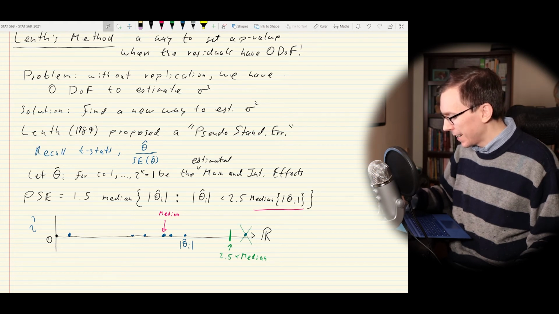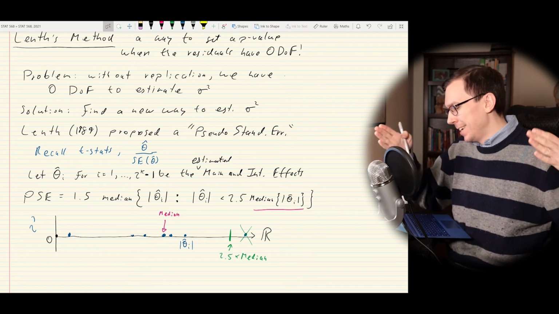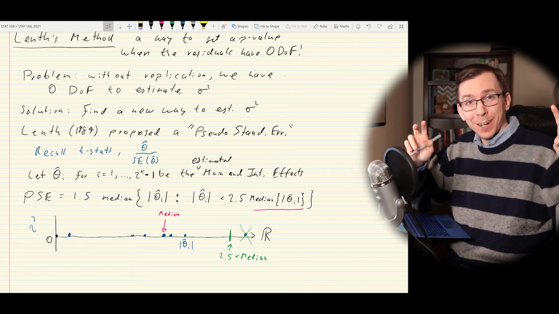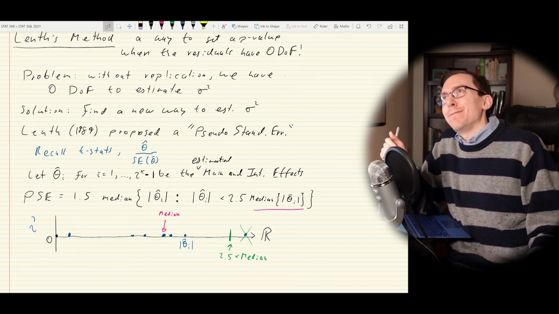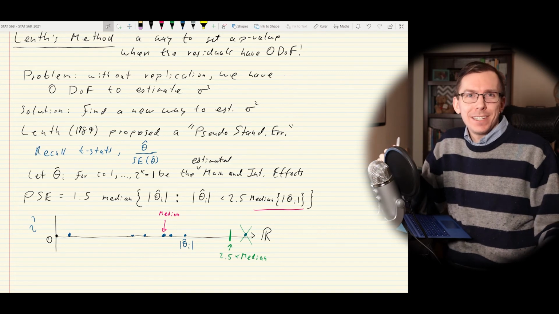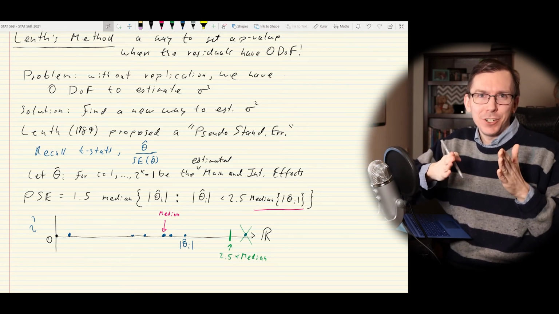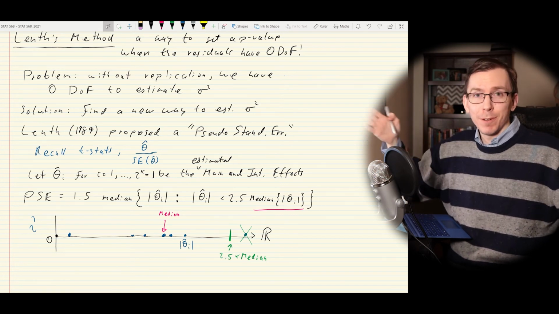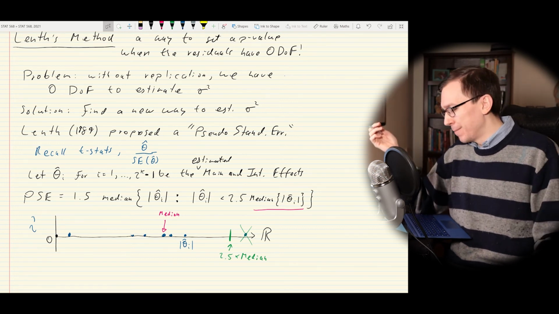So we get rid of that guy because he is, in some sense, an outlier. He lies more than 2.5 medians from the origin, right? It's kind of like if you just had data and you computed the standard deviation and you said anything that lies outside of 2.5 standard deviations from the origin is an outlier, and I'm just going to get rid of it.